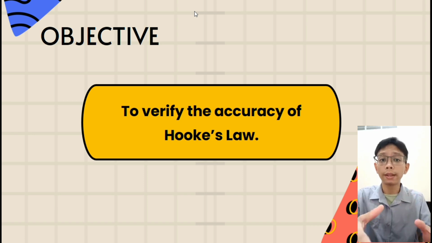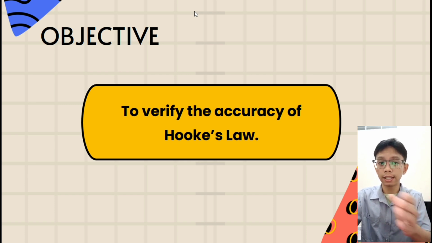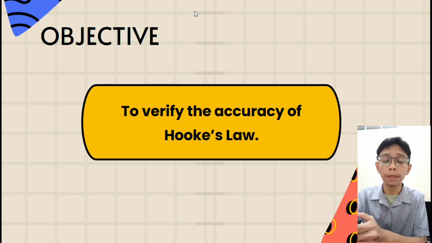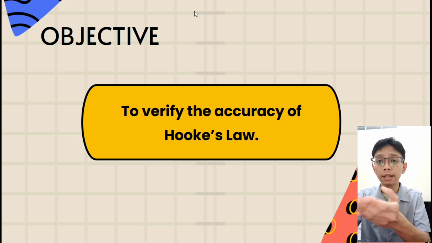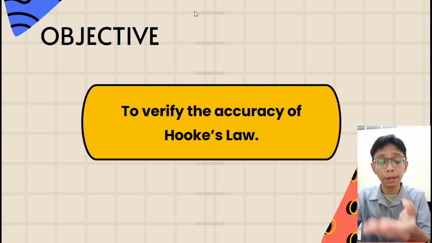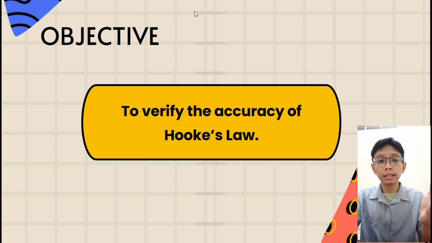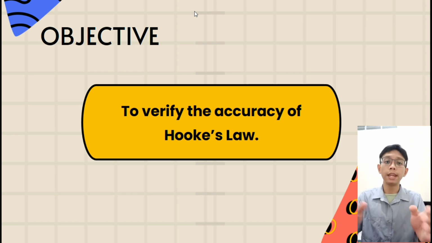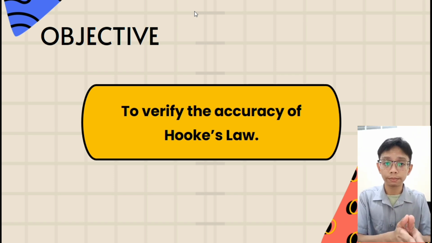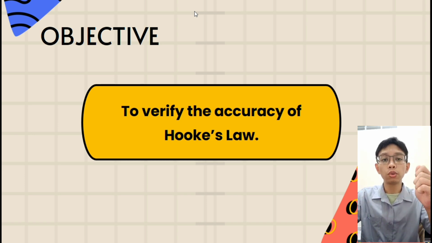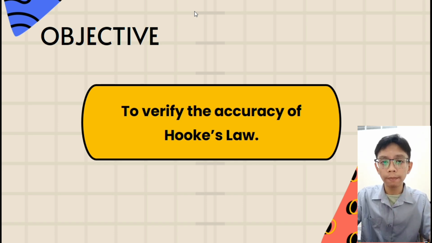So from this concept, the greater the magnitude of force exerted on the spring to compress or extend it, the larger the magnitude of displacement of the spring from its initial position. In this experiment, we are trying to prove this statement. Is the Hooke's law statement correct?